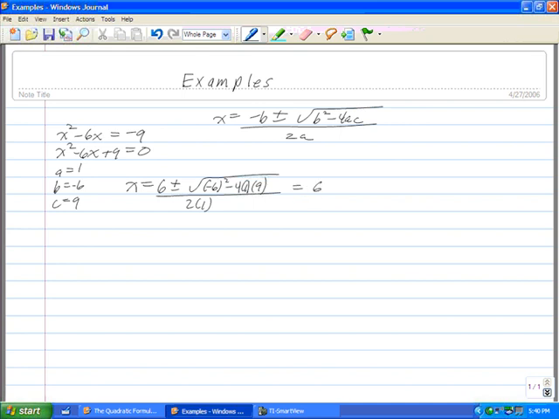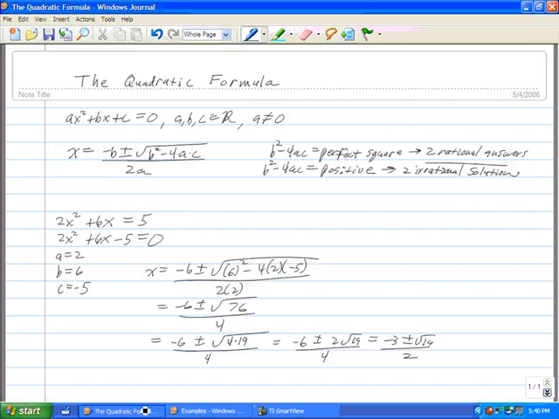So this gives us 6 plus or minus the square root of 0 over 2, which is just 6 over 2, since the square root of 0 is 0. So what we've found is that when the discriminant equals 0, we have one rational solution.